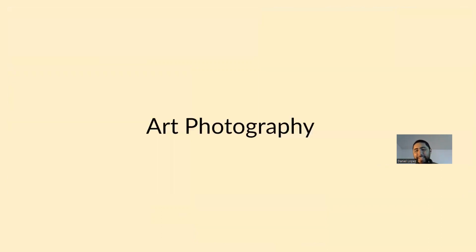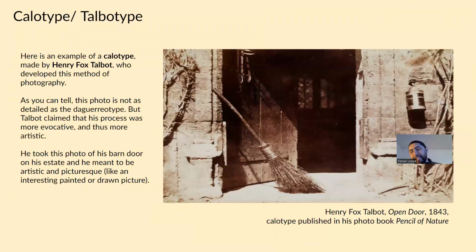Yeah, art photography. So this is Henry Fox Talbot. He did a lot of quote unquote art photography, which is basically he set up compositions with photography, not to document things, not to record nature, not to be a journalist, but to make cool or beautiful pictures, right?